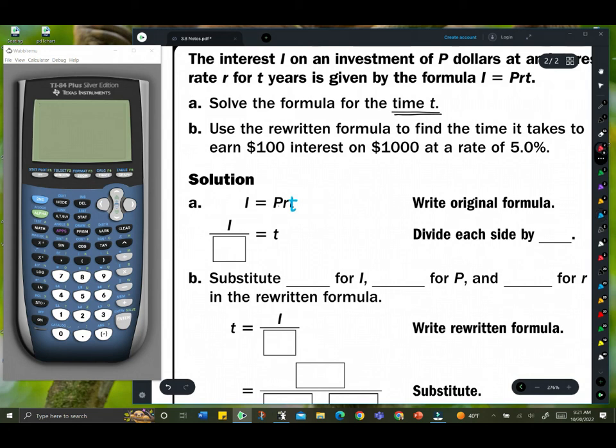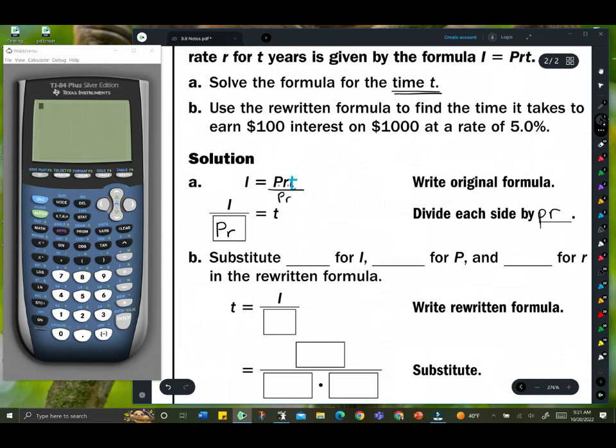Since it's being multiplied by p and r, we can divide by p and r. So imagine dividing by pr, and that is the answer. Interest over the principal times rate is equal to time.